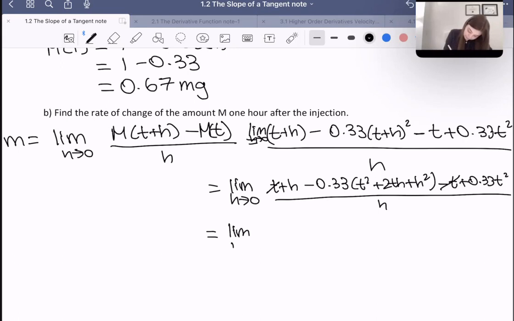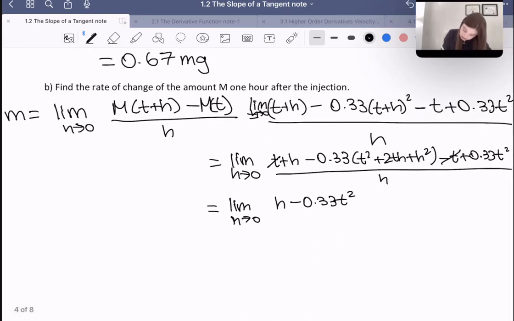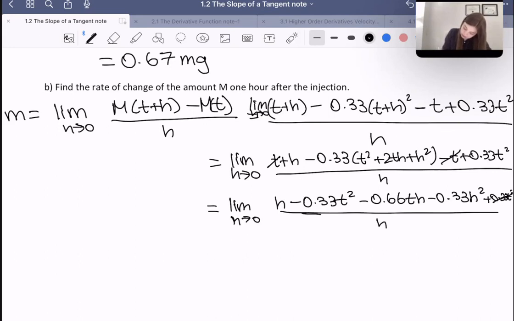So the next one is just going to say h minus 0.33 t squared plus, let's see, 0.33 times 2, so that's going to be negative 0.66th minus 0.33 h squared plus 0.33 t squared. All right, so those are going to cancel.